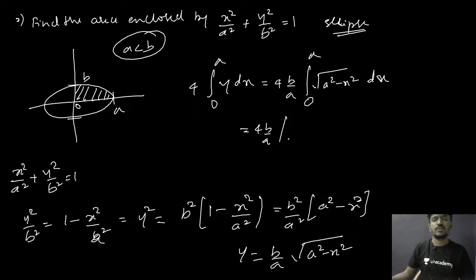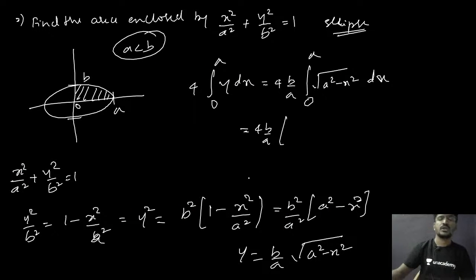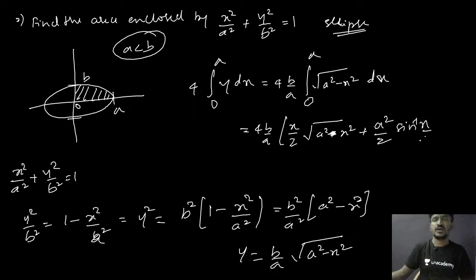As you all know, the formula that we have seen here, the integral of root of a square minus x square is x by 2 root of a square minus x square plus a square by 2 sine inverse of x by a. So from this you can go on simplifying. You'll get your required answer from 0 to a.